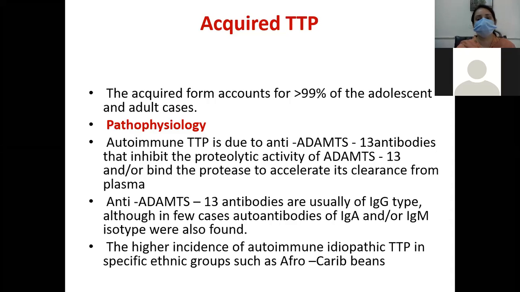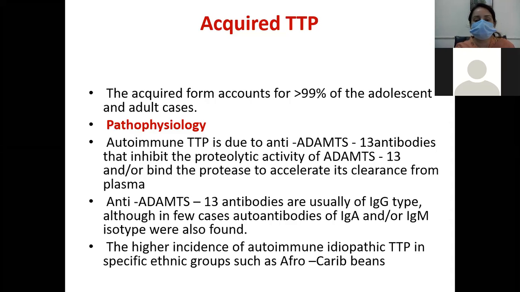Second is acquired TTP. The acquired form accounts for 99% of the adolescent and adult cases. And what is the pathology? There is autoimmune TTP due to anti-ADAMTS13 antibodies that inhibit the proteolytic activity of ADAMTS13, and/or they can bind the protease to accelerate its clearance from plasma.